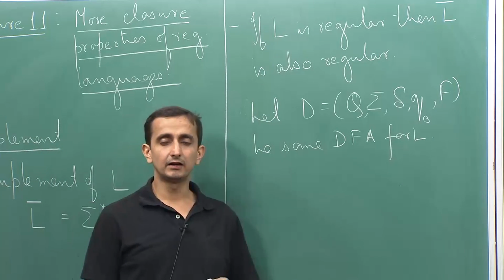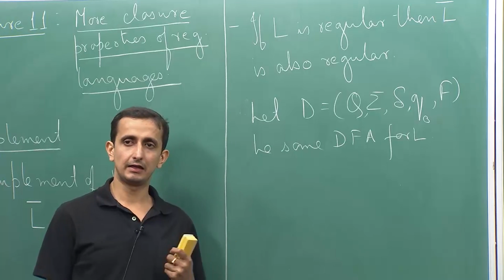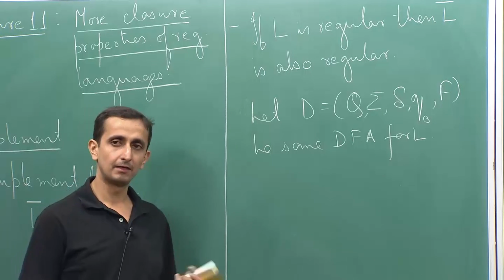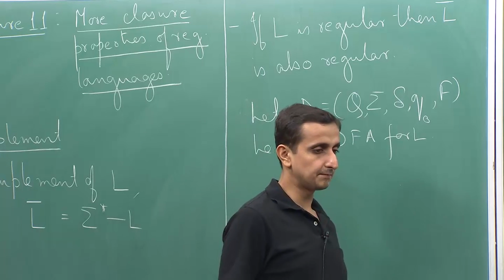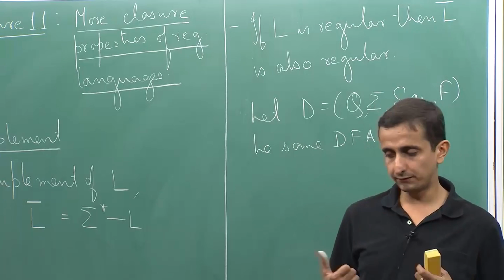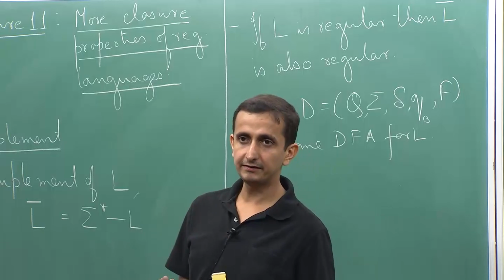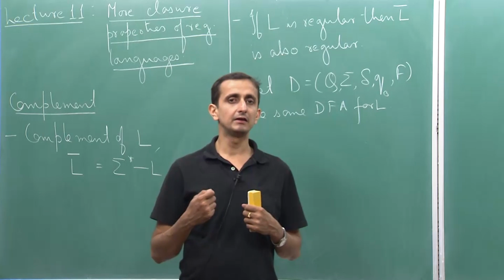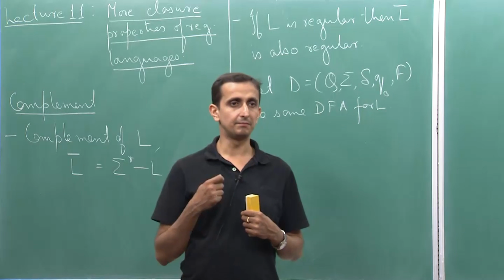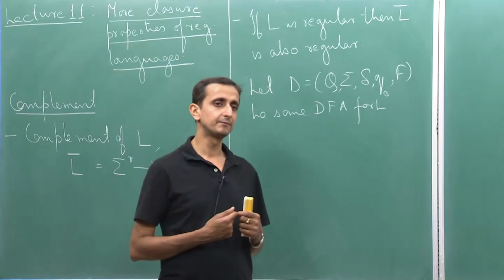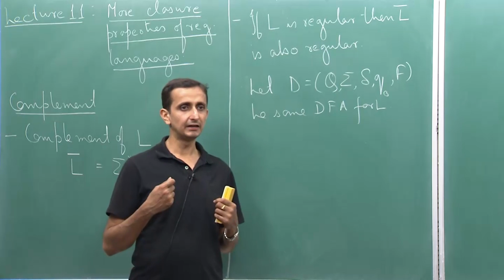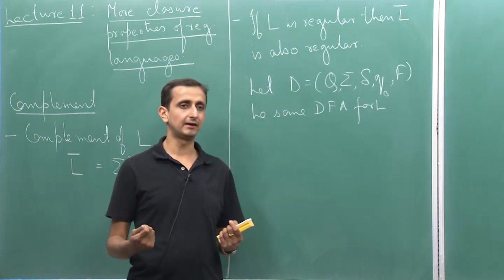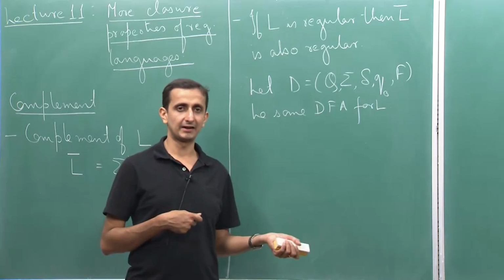So, what would be a DFA for the complement of L or L bar? Okay. So, observe how a DFA works. If a DFA gets a string, it transits from one state to another on every symbol of that string, and when the string ends, the DFA is in either an accept state or not an accept state.